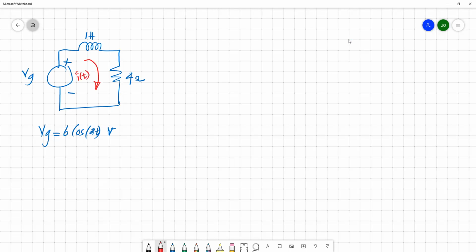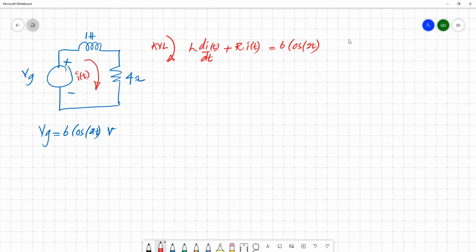Then we can apply Kirchhoff's voltage law for this network. The voltage across the inductor is L times the derivative of the current, and the drop across the resistor is resistance times the current, which equals the source voltage, 6 cos 2t.